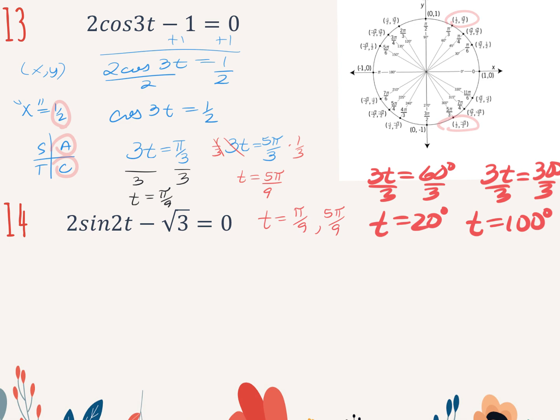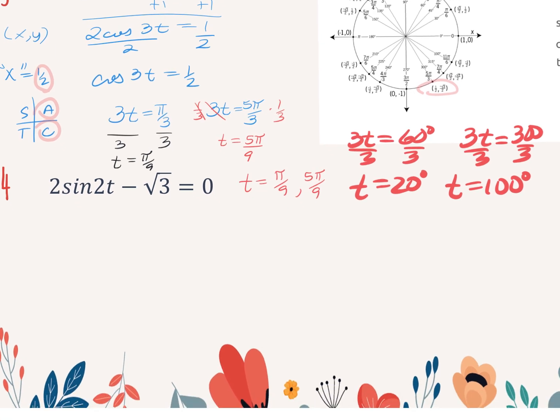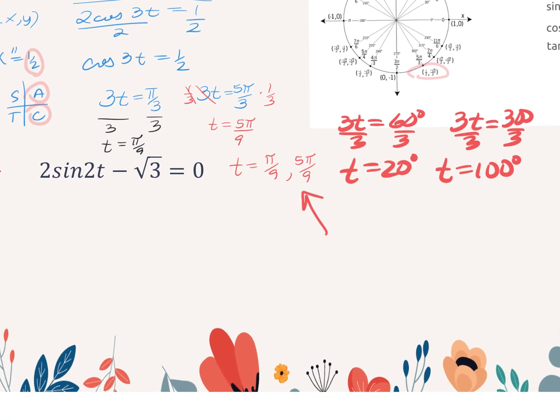For the general form, if you ever happen to see this on an ACT or an SAT, for example here, that one you would have added 2n pi. So this one for the radians, you're going to do pi over 9 plus 2n pi, but instead of just that, it's divided by 3. And then this one would have been the 5 pi over 9 plus 2n pi.